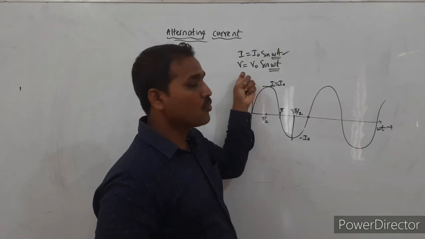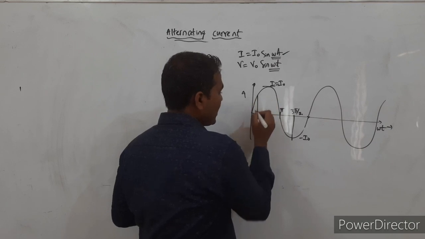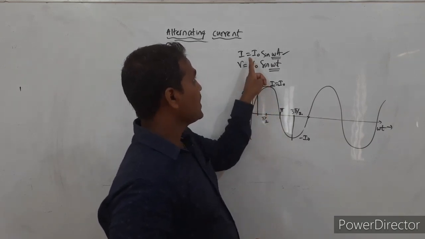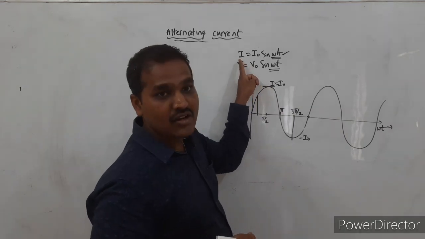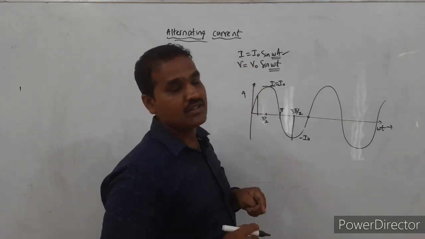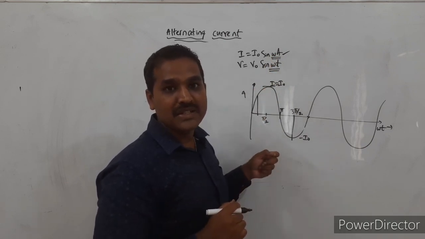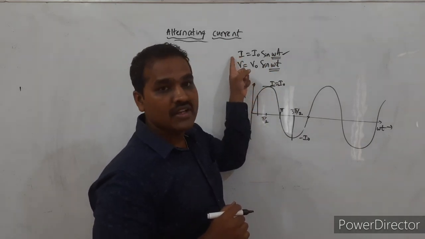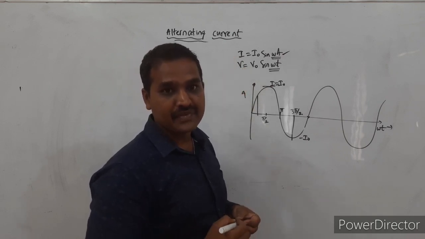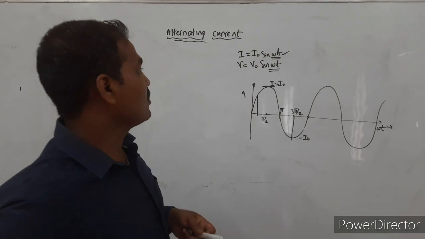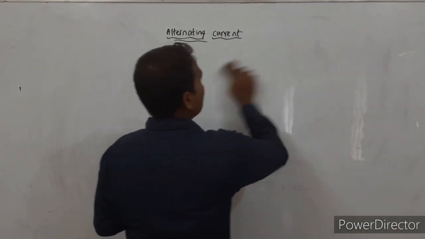Similarly, I can apply it for voltages also. At different values, if I know omega t is equal to 45 degrees, I can calculate the magnitude of instantaneous current or instantaneous voltage. So this omega t, the phase, is a factor which represents the magnitudes of instantaneous current and instantaneous voltage. So this is about the phase of alternating current or alternating voltage.